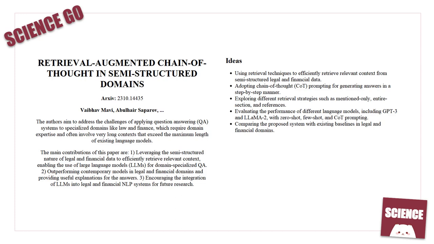It also introduces a step-by-step approach called chain of thought prompting to generate answers. The paper outperforms existing models in these domains and provides useful explanations for the answers. It encourages the integration of large language models into legal and financial NLP systems for future research.